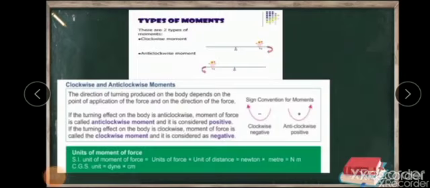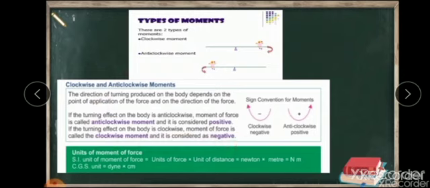Depending on the direction of turning, moment can be classified as clockwise moment and anti-clockwise moment. The anti-clockwise moment is always taken to be positive. Similarly, if we turn it in the clockwise direction, we call it clockwise moment, which is always considered negative.